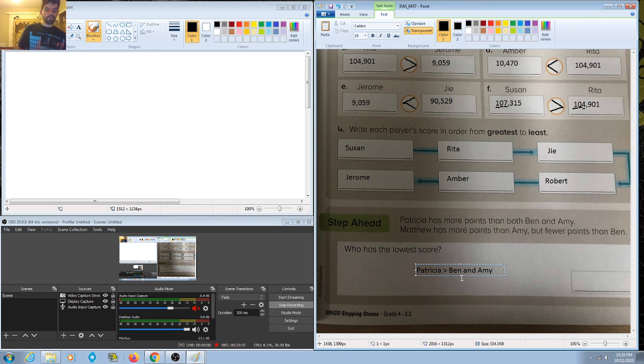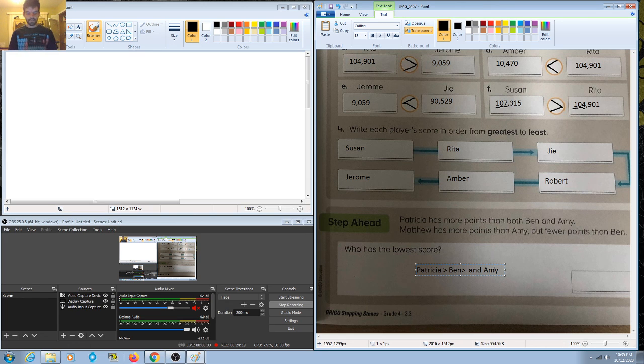It says Matthew has more points than Amy, but fewer points than Ben. So what this tells me is a couple of things. The first thing is that Matthew has a score that is greater than Amy's, but it's not as high as Ben's.